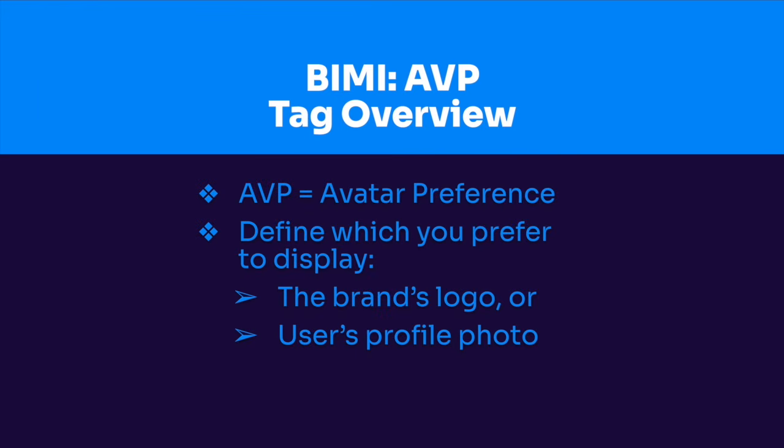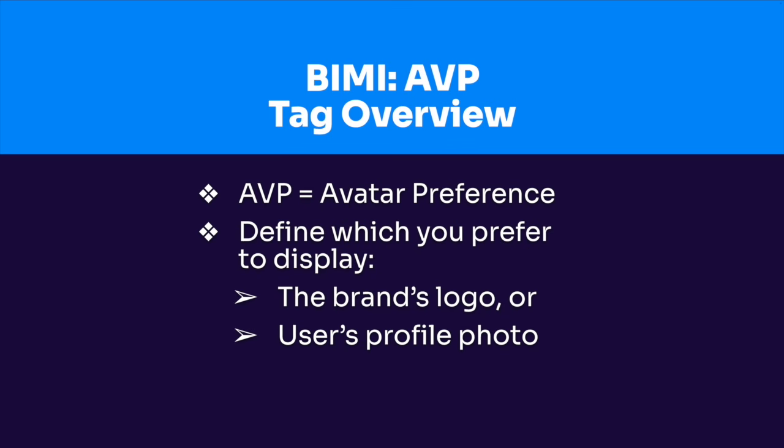So, where does the AVP tag come in? AVP stands for Avatar Preference. It's an optional tag within the official BIMI specification designed for a specific scenario. What happens when a mailbox provider supports displaying both an organizational BIMI logo and an individual sender's profile picture or account avatar? For many organizations, like banks or major retail brands, displaying the corporate logo everywhere might be ideal.